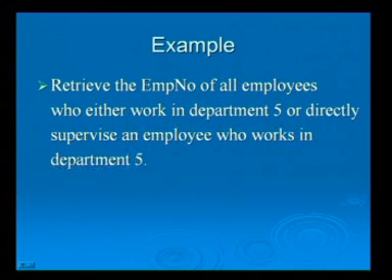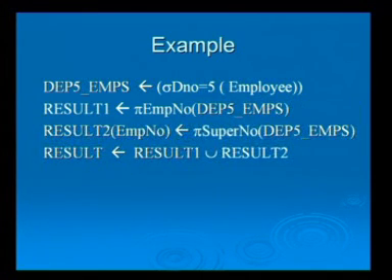If we look at the answer here, you can see that we have selected, through the selection operation, the employees who are working for department number 5. So this department number 5 employees gives that result, and then from that we get the employee numbers by applying the projection operation, and that is the first part.